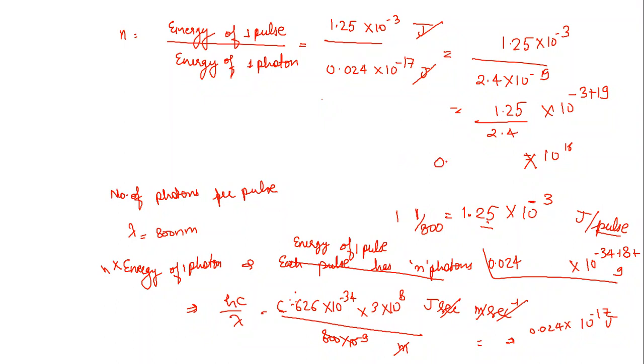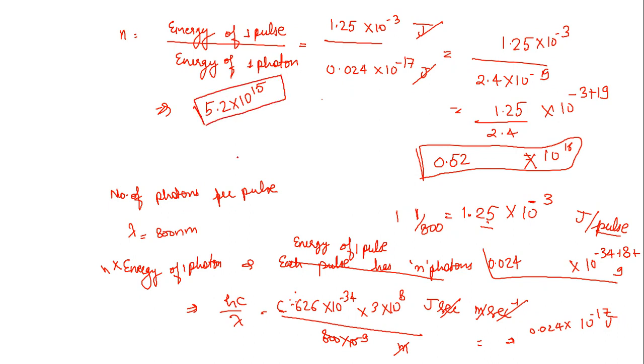So it comes to be 0.52, and since this is a large number, I'm going to write this as 5.2 into 10 to the power 15 photons. So this is quite a large number.